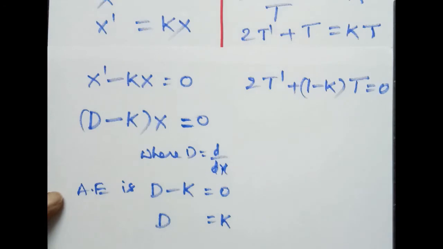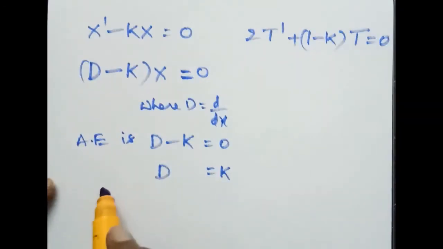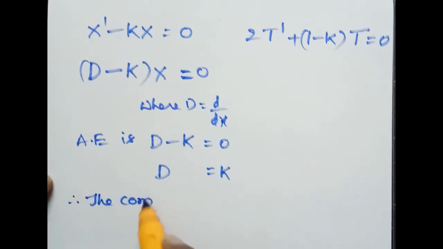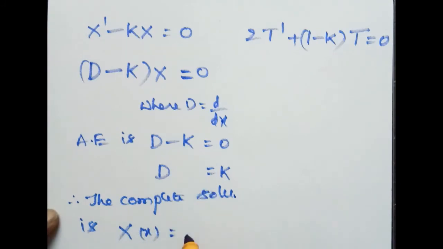Therefore the complete solution is capital X, a function of x, equal to c1 e to the power of kx. Here capital X is the dependent variable, small x is the independent variable.